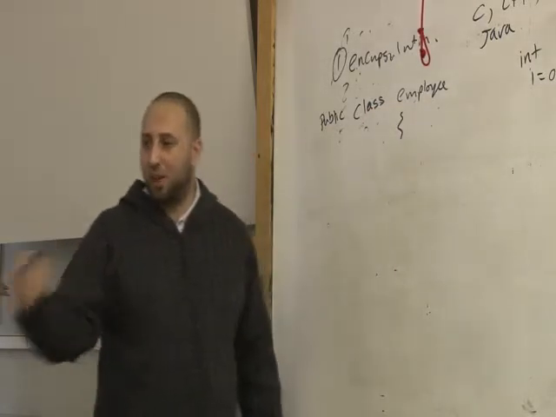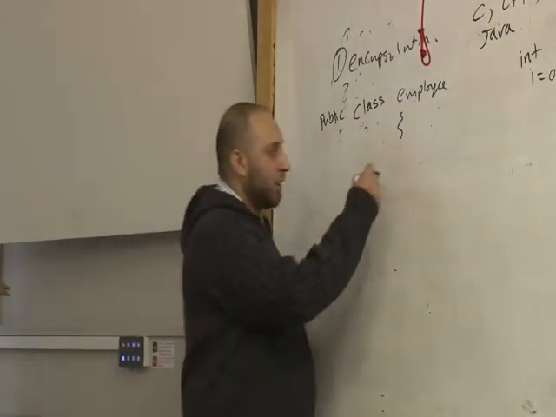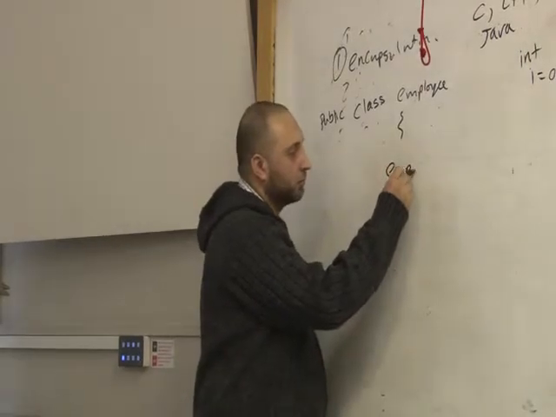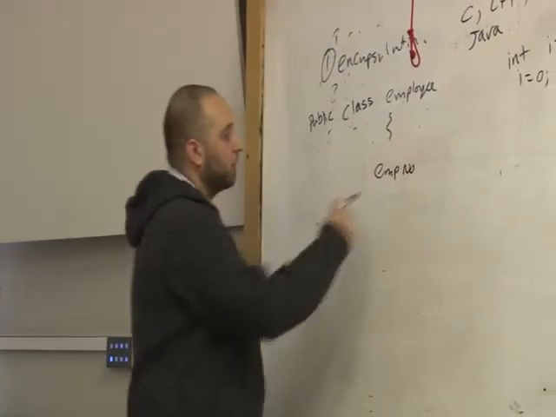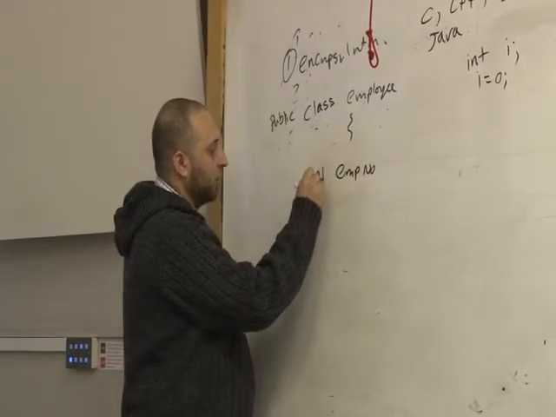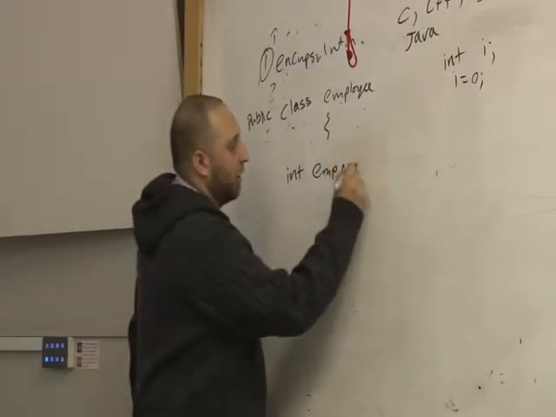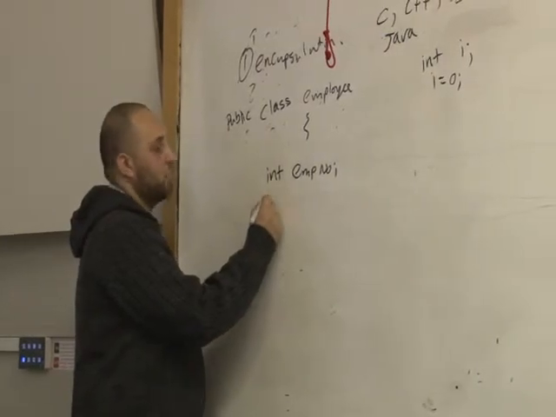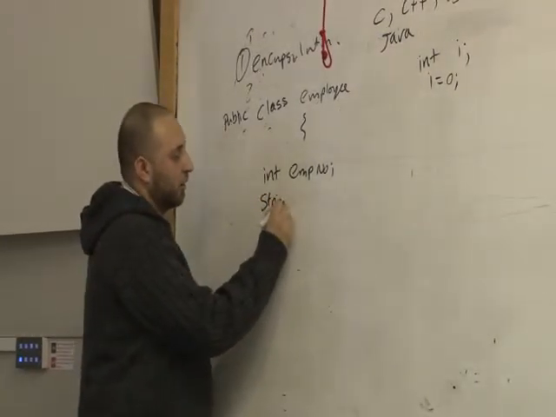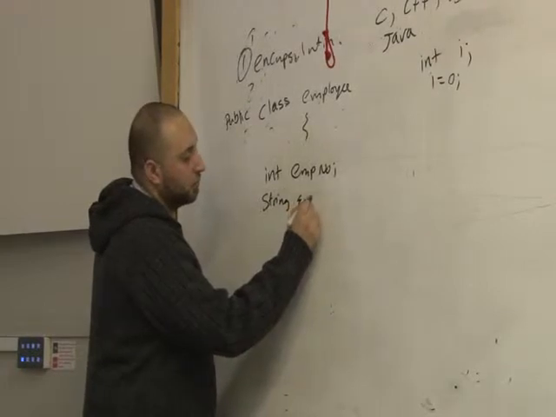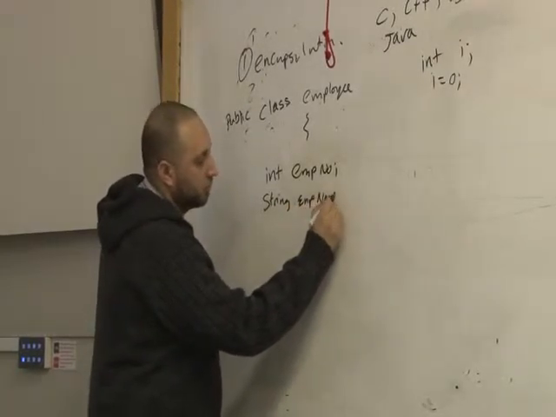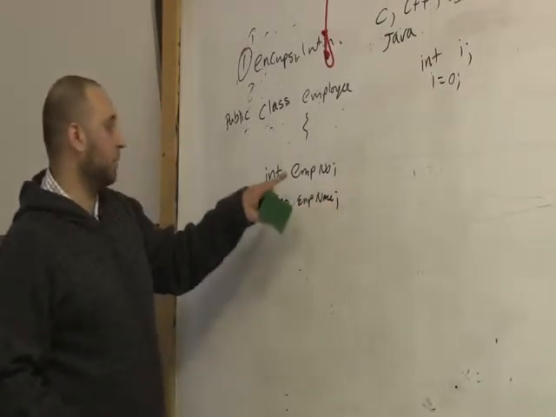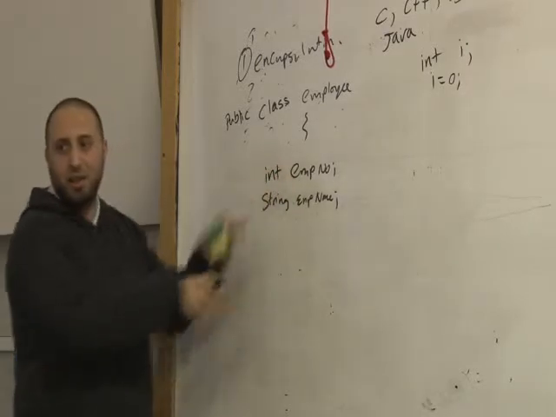So all the variables, in this case, we're going to say employee number. Employee number is going to be an integer value, and then we've got a semicolon at the end. What else do we have? We have string, so we could say employee name. These are the 2 variables that it has.